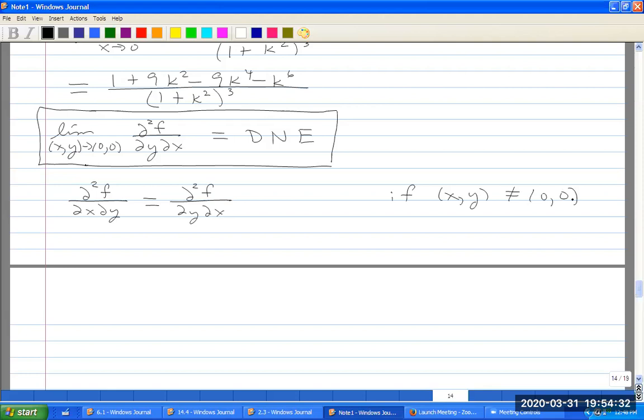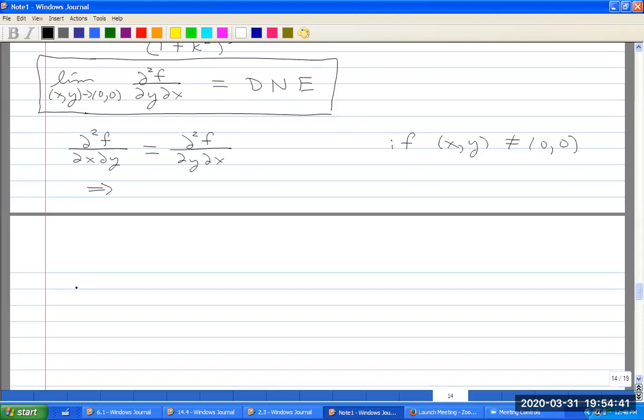And since the limit from one of them didn't exist, then the other limit didn't exist. And so the partial xy, this doesn't exist.